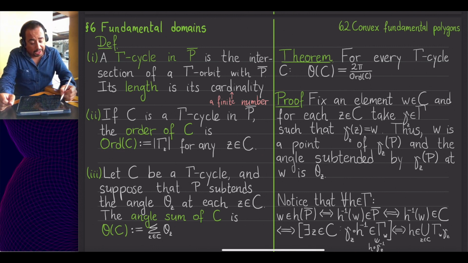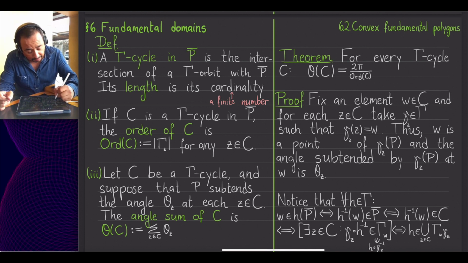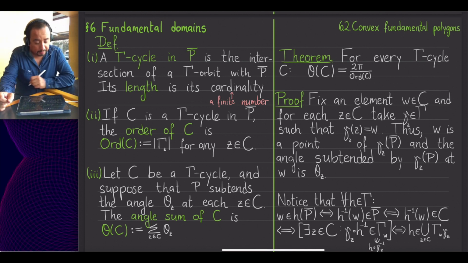Now, W is in P bar, right? And Z is in P bar. So W is a point in gamma Z of P bar, right?